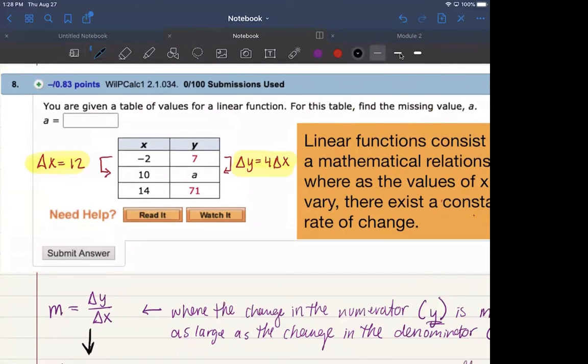So, this is now telling me, okay, that if my change in x is, oopsie, if my change in x is 12, right? Remember, we got now delta y, okay? Delta y is 48.